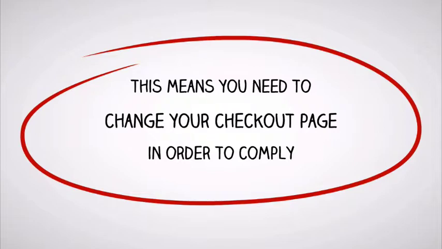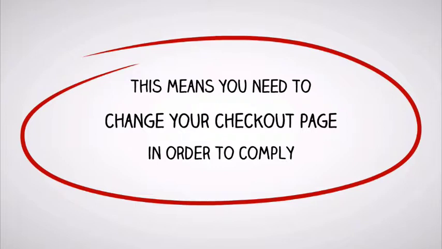If it's your own website, then if you're not able to make that type of change yourself, it will involve you in going to your website developer and asking them to do it for you. But either way, you need to make sure that on the final checkout page, before the customer presses the order now or pay now button, those 6 key points are provided on that page.